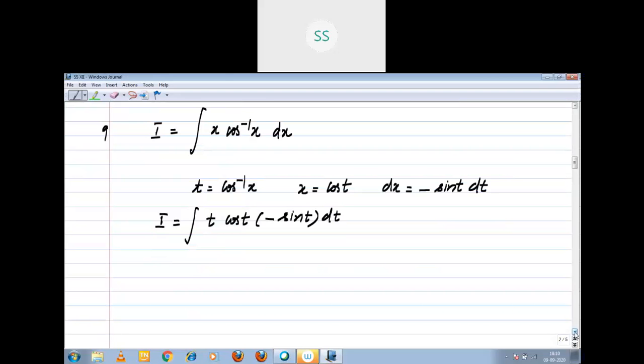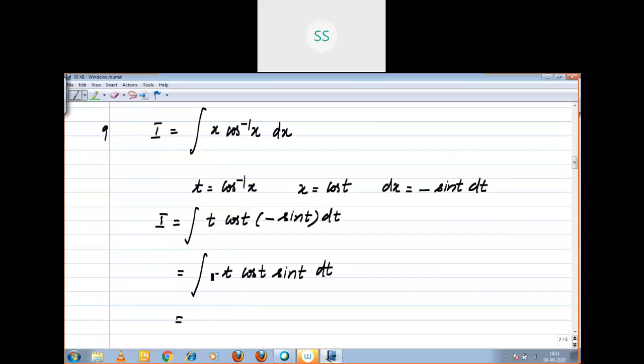Now I equal to integral of t into minus cos t sin t dt. In the integral we have three functions, so we can't do anything. We have to use the trigonometry identity and modify. After that only you can integrate.